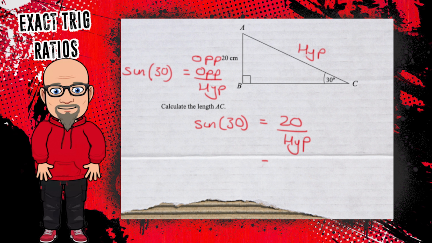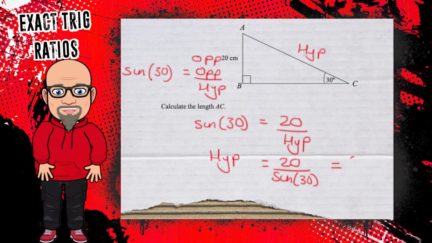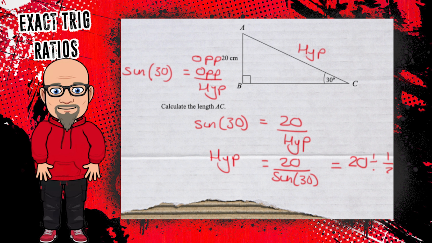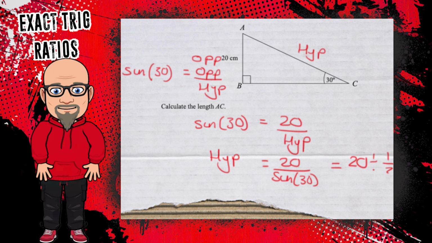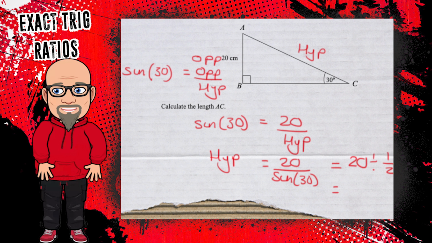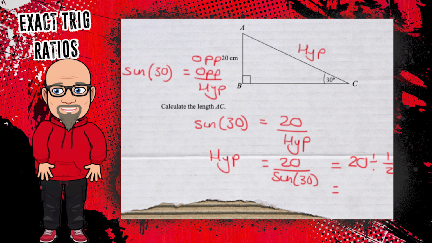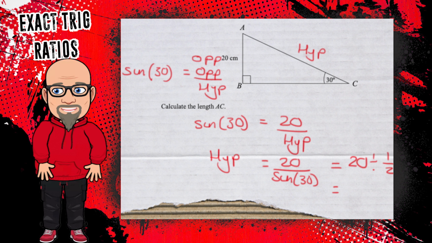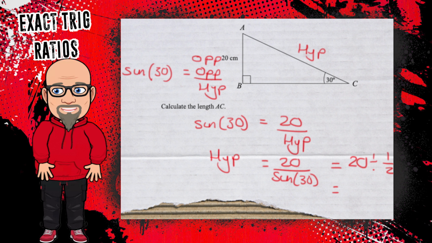When I look at that, that's 20 divided by a half, and 20 divided by a half is the same as 20 multiplied by 2. So it is 40. And so the answer to this question, line AC on this triangle, is 40 centimeters long.